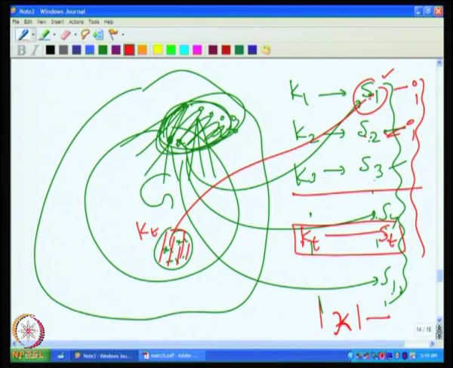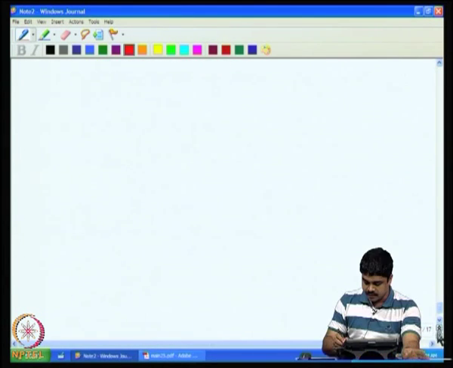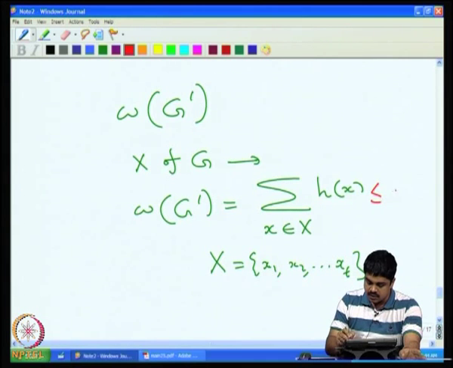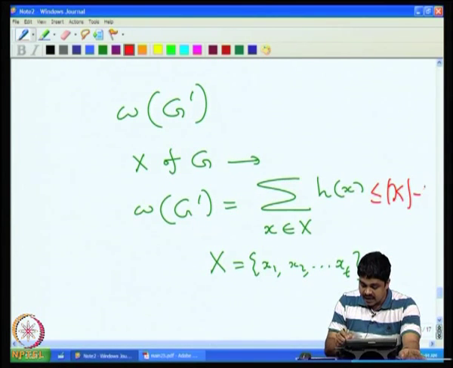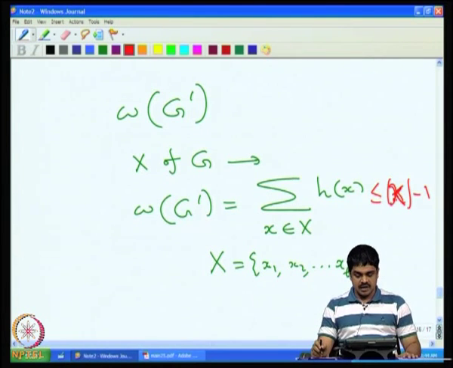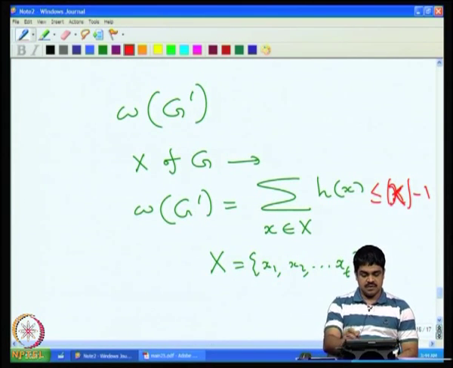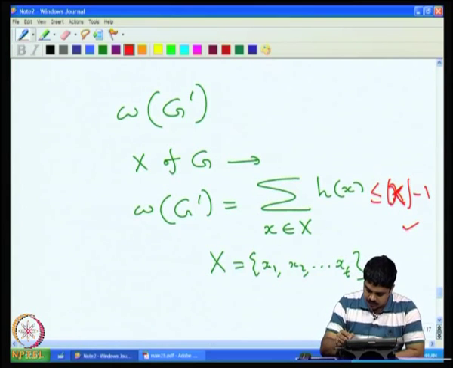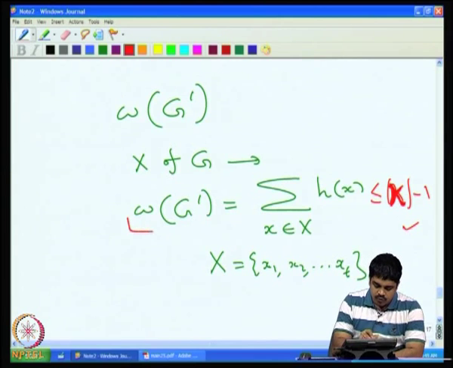So, we will only get k minus 1, because all these cliques can contribute at most 1, and there exists one among them which will not contribute. So, k minus 1 is the maximum, where k is the full collection of cliques in G. So, we got an upper bound for omega of G dash.